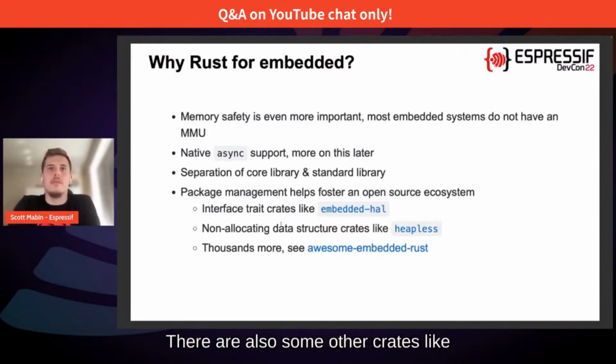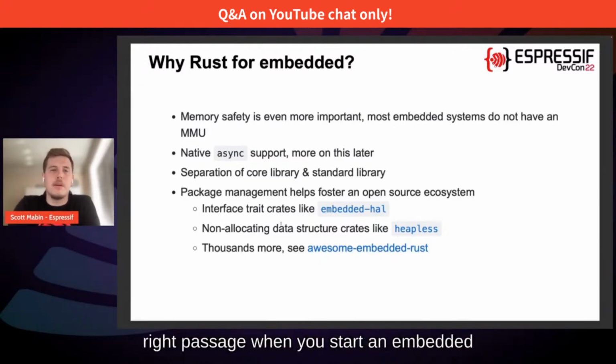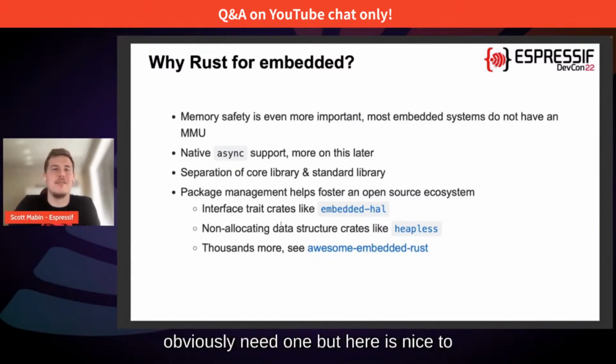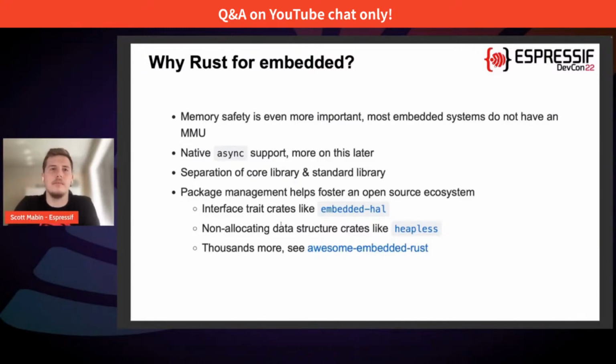There are also some other crates like Heapless, which is a non-allocating data structure crate. I know it's a bit of a rite of passage when you start an embedded C project, you write a queue because you obviously need one. But it's nice to just be able to drop Heapless in your Cargo.toml, and you have access to a correctly implemented queue, and they've got loads of other things like a min heap, a linear map, I think even a hash map with an efficient hashing algorithm.